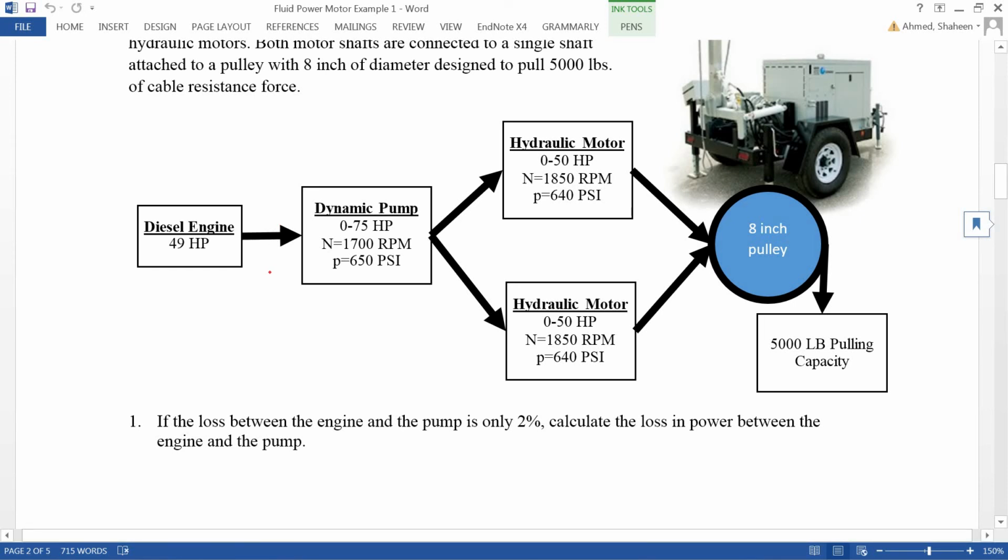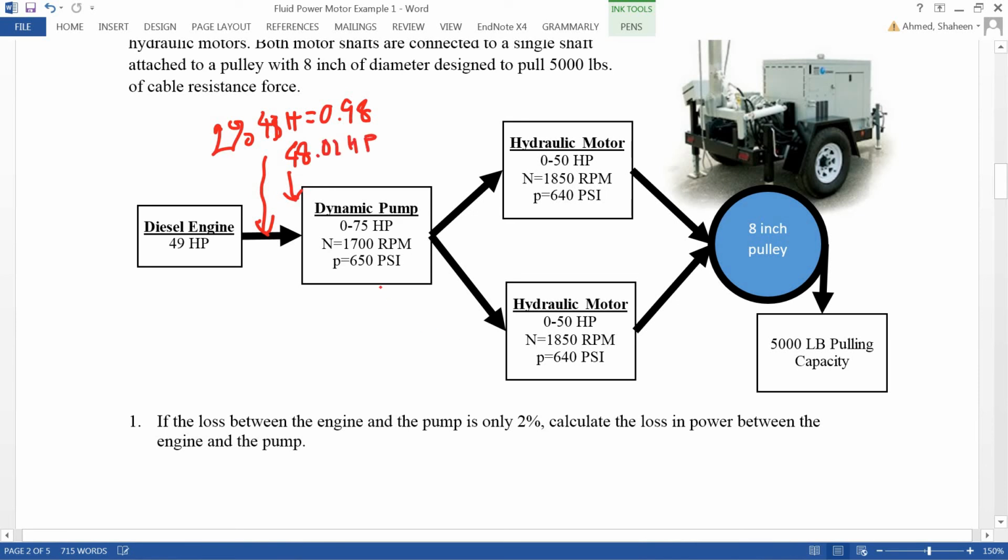Question number 1 says you have 2% loss between this engine and the pump. So what's the maximum power available to the pump? 2% of 49 horsepower is 0.98. So the power available to the pump is 49 minus 0.98, which is 48.02 horsepower.